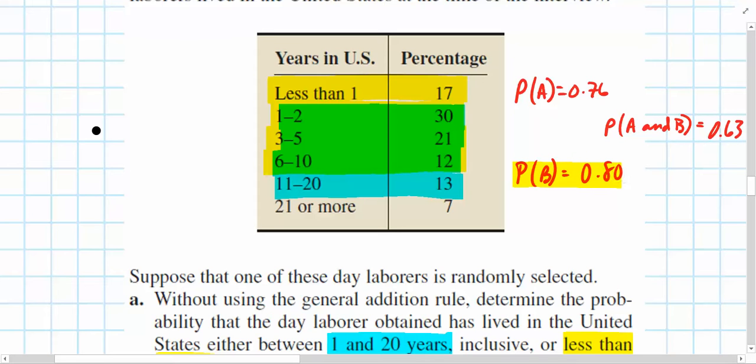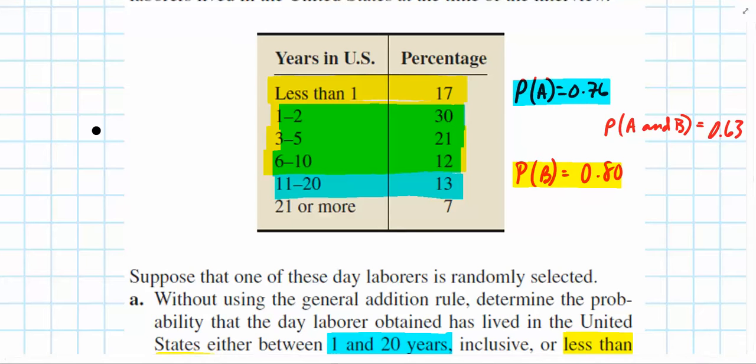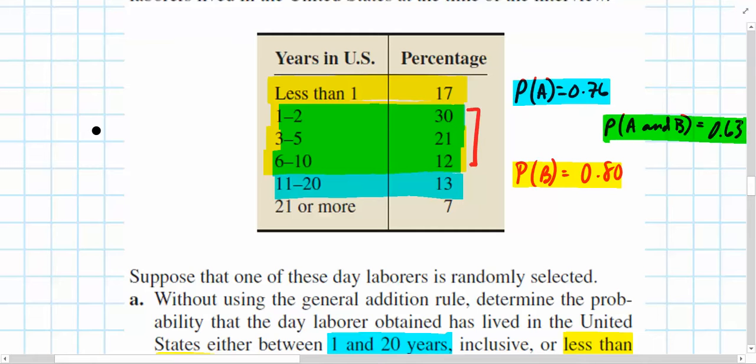Now I took the liberty of adding these together already, or obtaining the results. For yellow here, the probability came from just these 4 events. For blue, the likelihood of somebody living in the United States for between 1 and 20 years is from these 4 events. And then, of course, the overlap where the two are shared, that's the green section here.